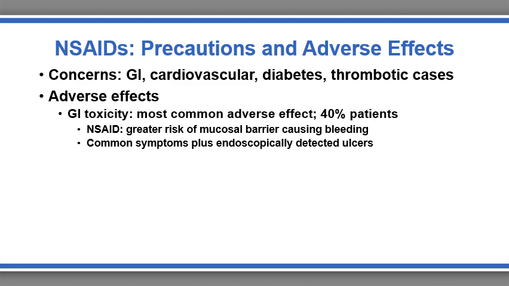Some of the other common symptoms are upper gastrointestinal symptoms. Indigestion and gastroesophageal reflux are things people would experience. Even general nausea is not uncommon. You can experience some lower GI symptoms; some patients report diarrhea from taking NSAIDs.